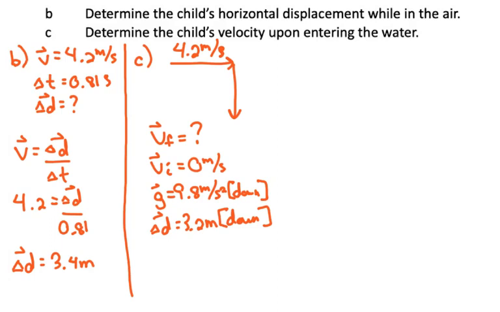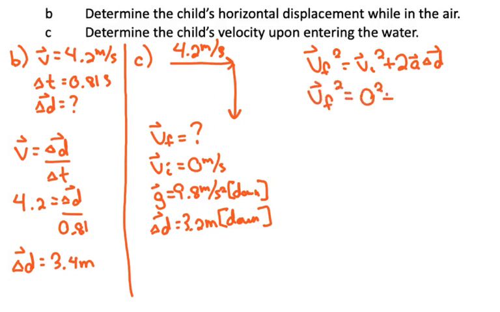Dealing with this, looking for an equation, VF squared equals VI squared plus 2A delta D. VF is what we're solving for. VI is 0. A is 9.8.